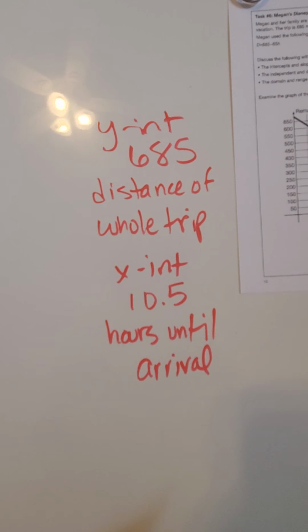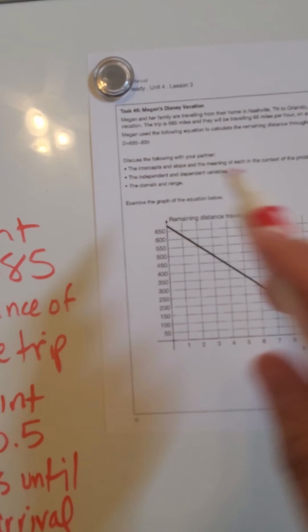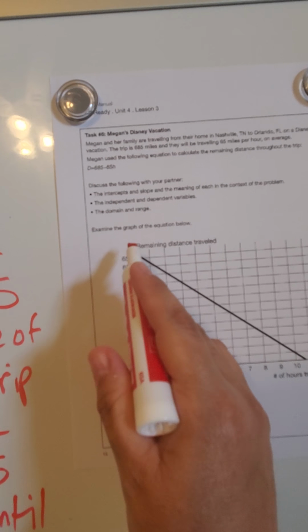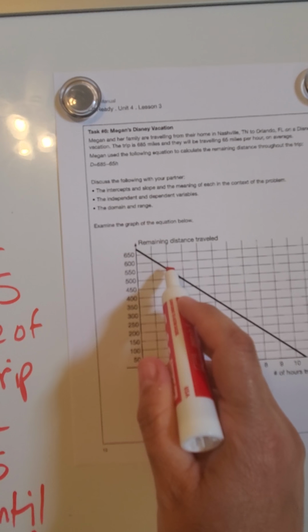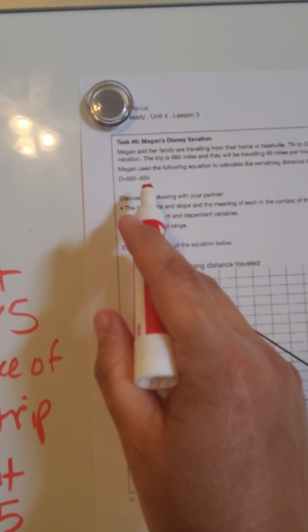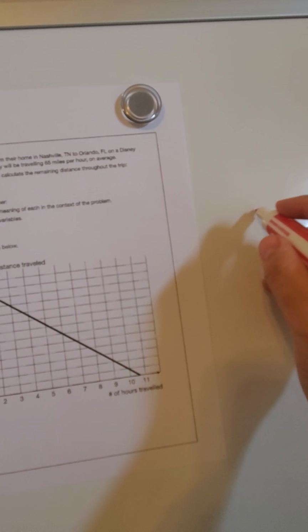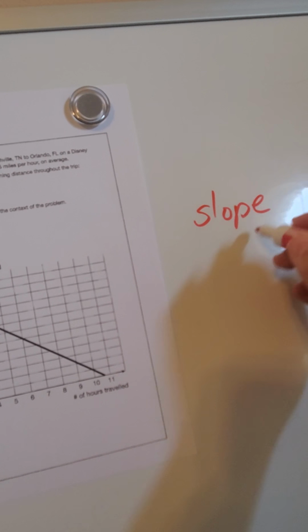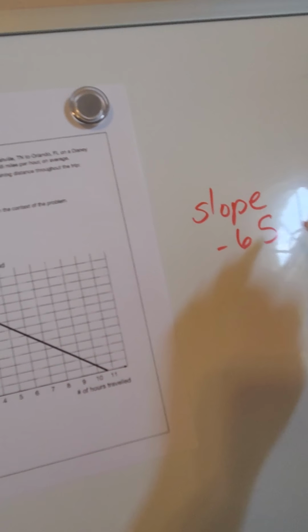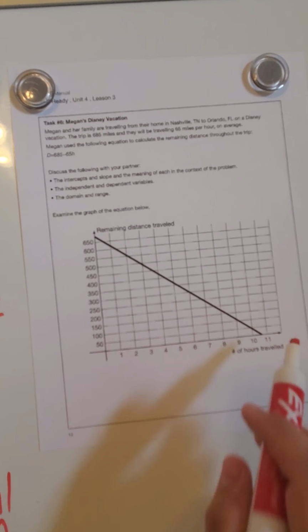And then the other thing was the slope. Slope is the rise over run, or in this case, the fall over run. If I look at my equation, it says negative 65h. That represents my slope. So my slope will be negative 65 because it is going down from left to right.